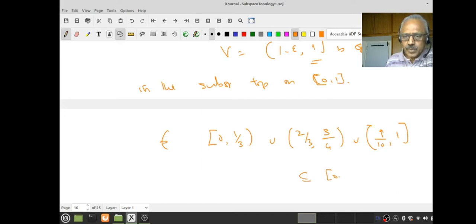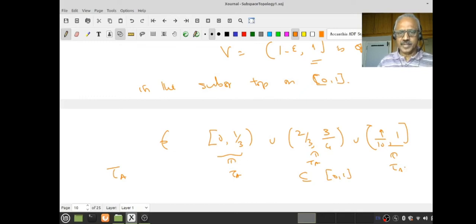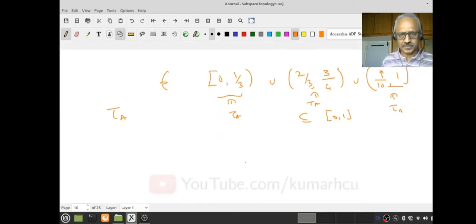This is a subset of 0 1. Is this open in the relative topology, the subspace topology? Yes, because we know each of these is open in the subspace topology. What do you get? The union of open sets. We know that tau A is a topology and each one of them belongs to tau A. Just now we proved it. Therefore this is a finite union, so it is also in tau A. Okay, so pause, review, proceed. Go through this example carefully, and learn that well.